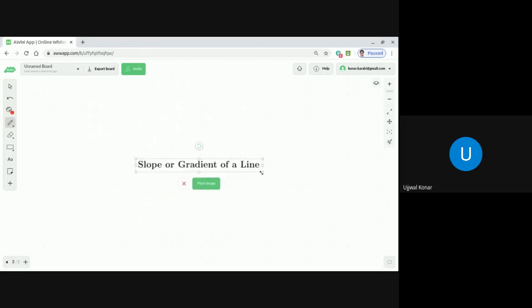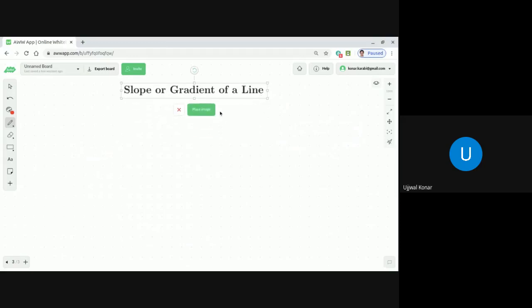Why am I talking about these 2 points? Dear students, as we are about to discuss straight lines, we are in the process of discussing points and straight lines. One very important thing is that to construct a straight line uniquely, you need exactly 2 points.